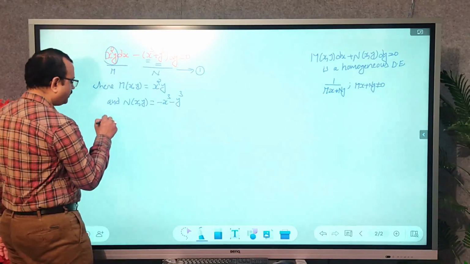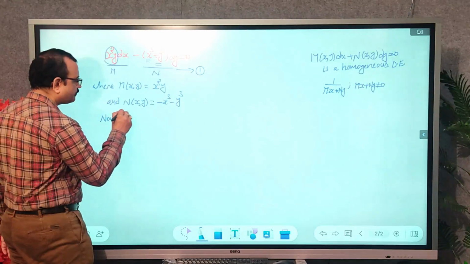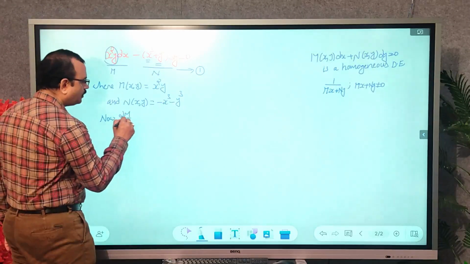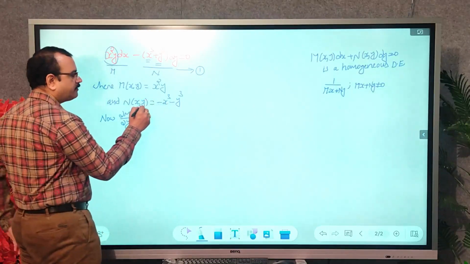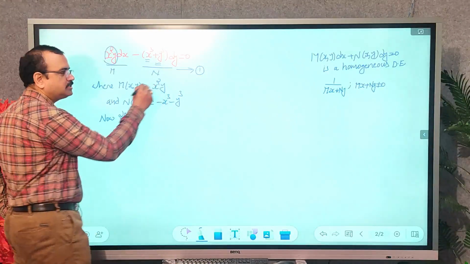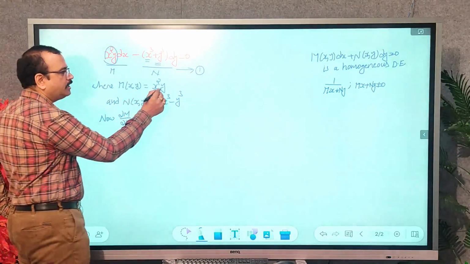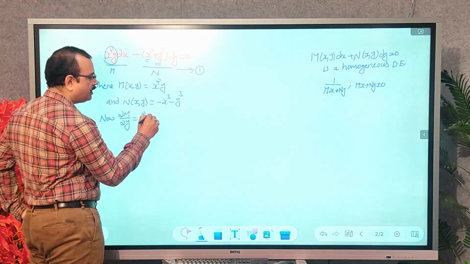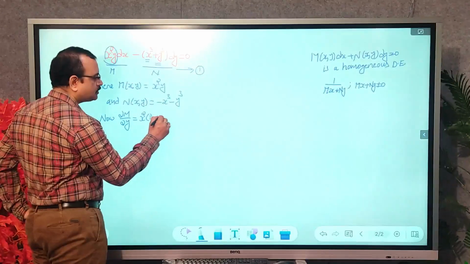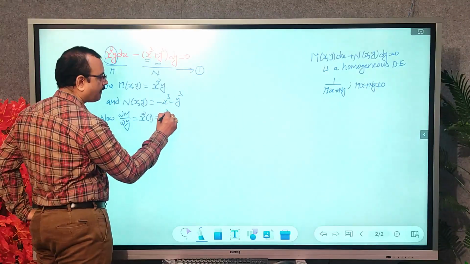Now we will calculate the partial derivatives. Now dou M by dou y: the partial derivative with respect to y means x square is a constant and we take the derivative of y alone. So x square into derivative of y, which is 1, gives x square.